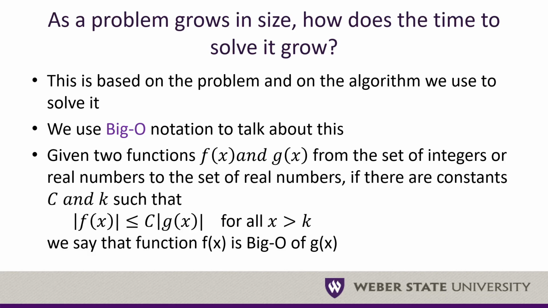So, as an example here, let's say that f of x is equal to x squared plus 10x plus 23. Well, the question is, what if g of x is equal to x squared?